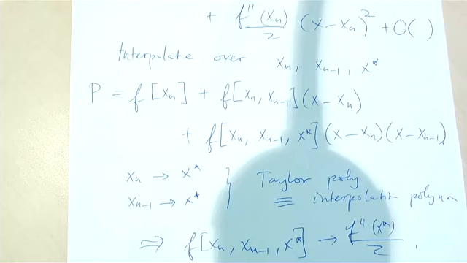So the limit of this coefficient will go to 1/2 f double prime x star, and this divided difference will go to f prime, and that is how you get this final result. It's a bit tricky, but if you go step by step, it just follows from the previous discussion.